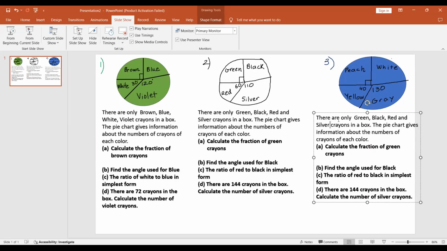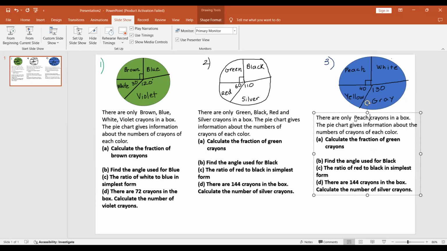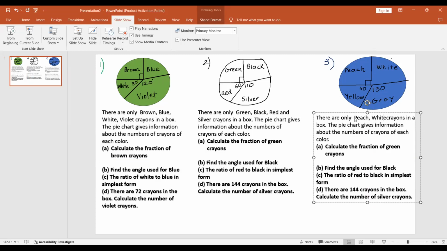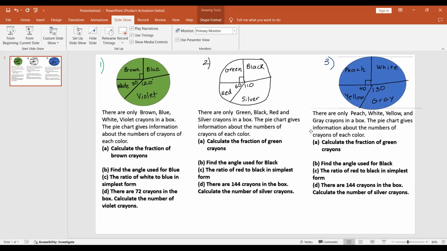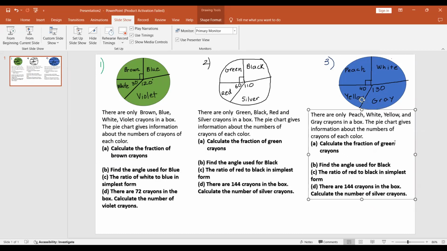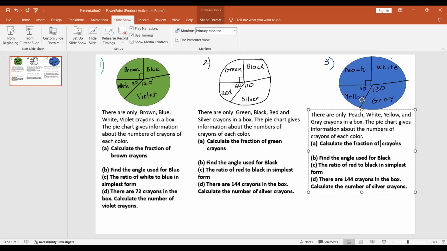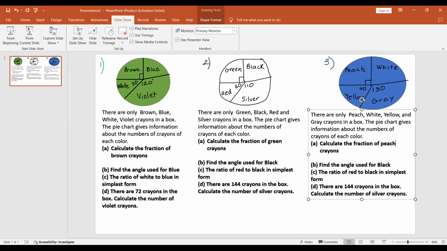All right, so for this one, there are only peach, white, yellow, and gray crayons in a box. The pie chart gives information. I want to know the fraction of peach crayons.